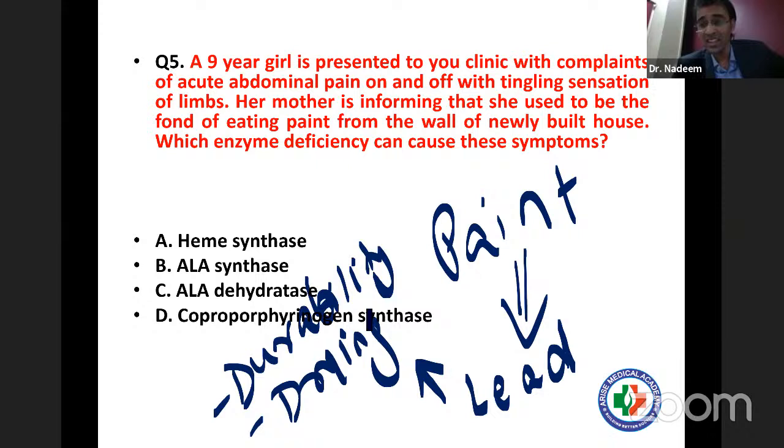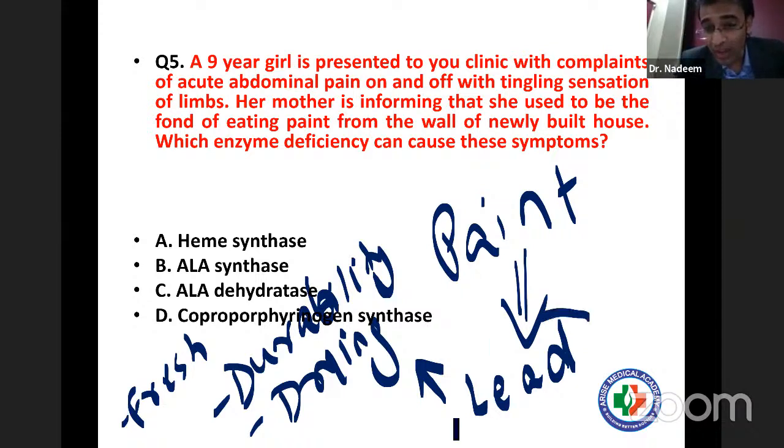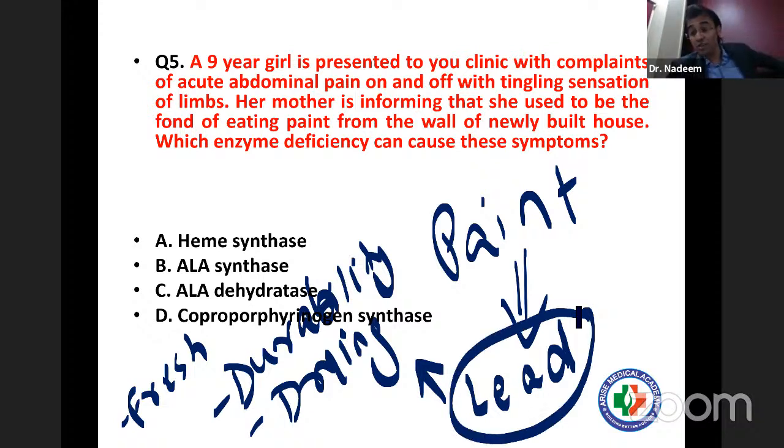It also gives a fresh appearance, and it will also resist moisture. So many functions of lead are there. So lead is an essential component of wall paint.